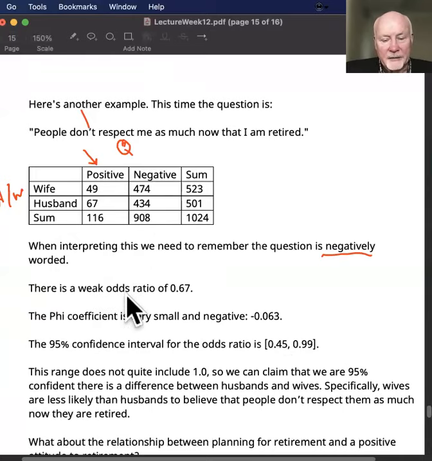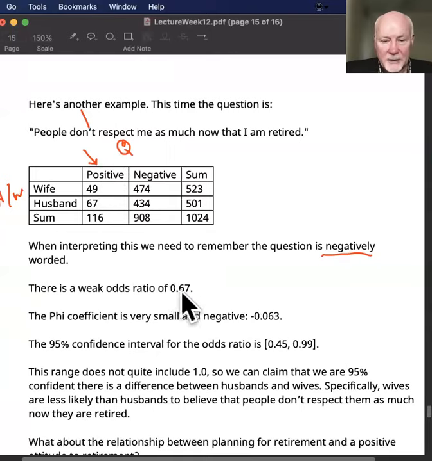So what we get here is a fairly weak odds ratio again. This is 0.67, which is less than 1. What that's telling us is that the odds of a wife saying agree or strongly agree, a positive response to this question, are lower than the odds of a husband giving that response.